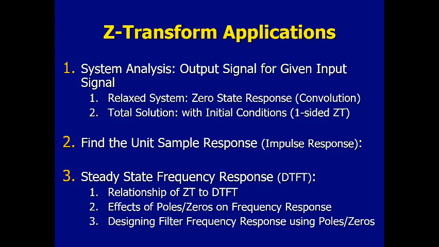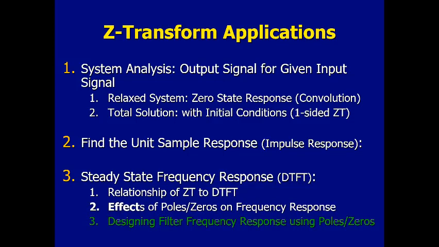Ultimately, we'll want to take that understanding of how poles and zeros shape the frequency response of the system, and use that to actually start designing filters, designing discrete time systems, using the locations of the poles and zeros as the basis of our design.